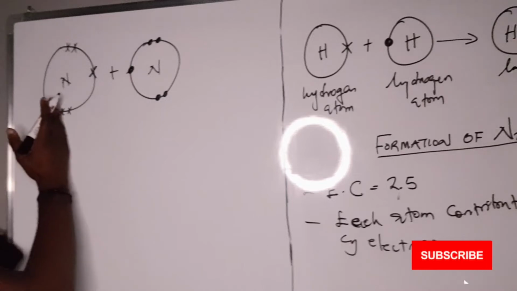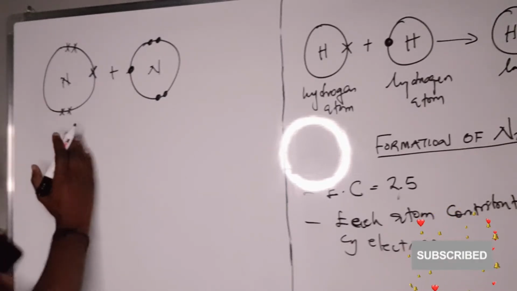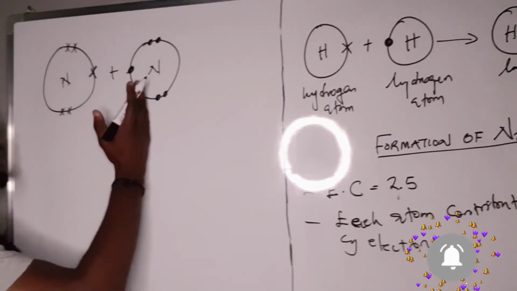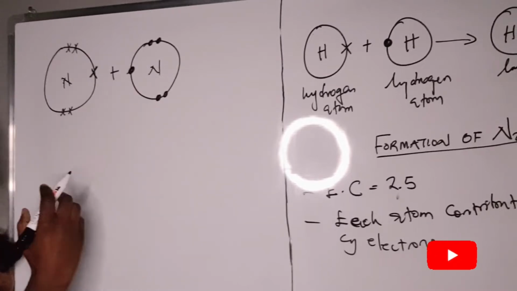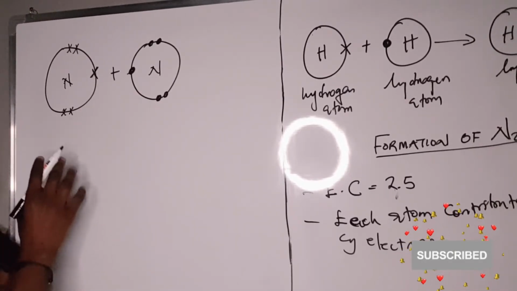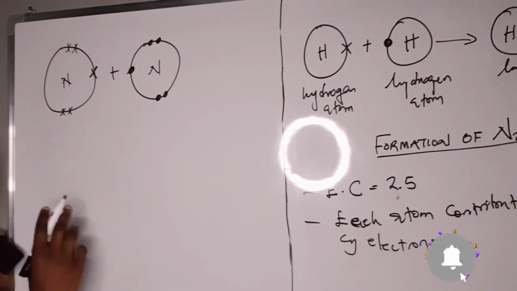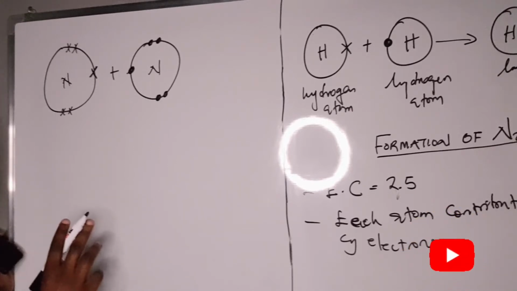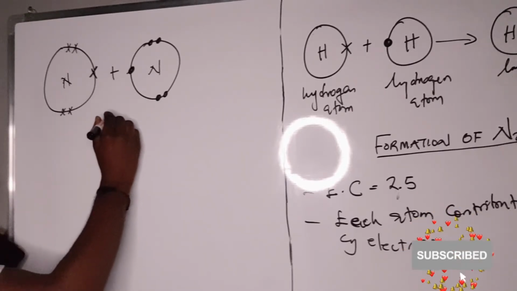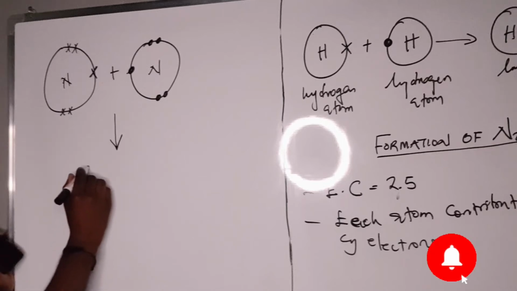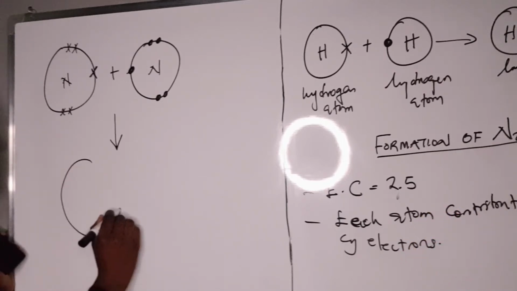So in order for this atom to be stable, it needs 3. Again, in order for this one to be stable, it also needs 3. So both atoms will share 3 valence electrons. So what we are going to have, we'll have something like this.